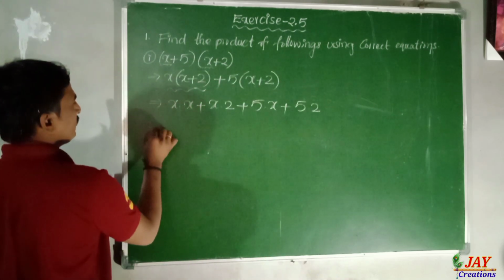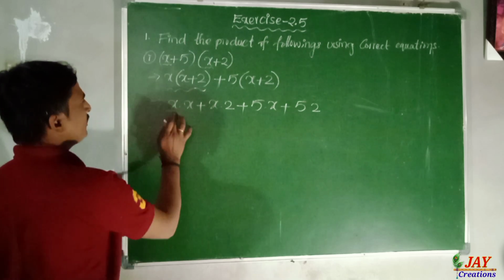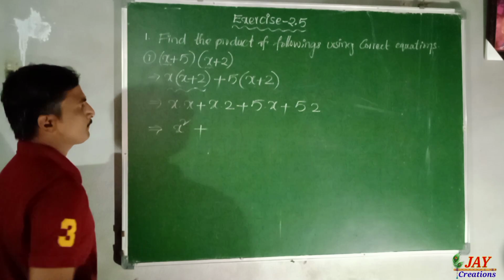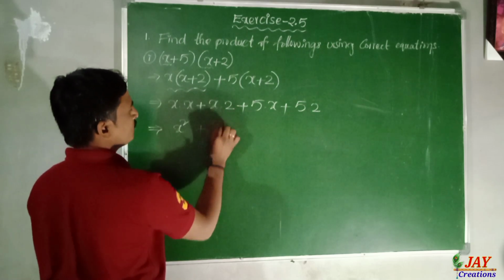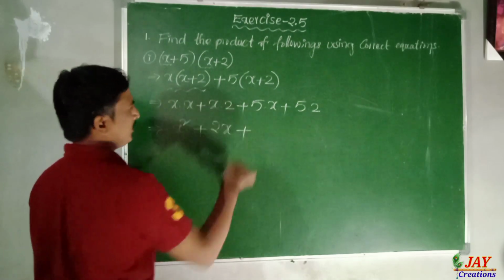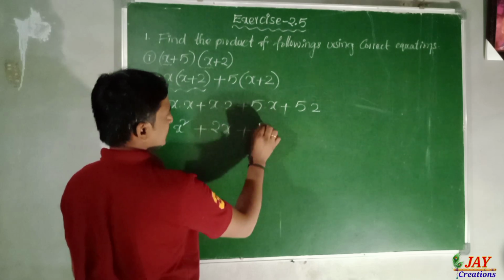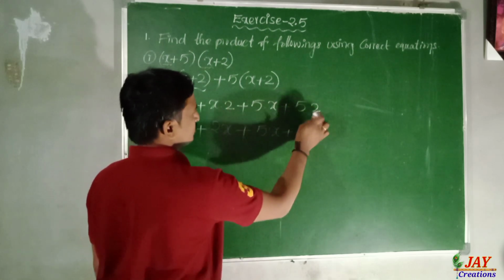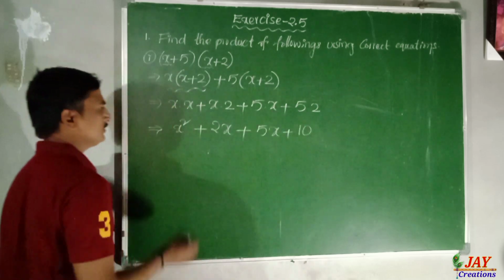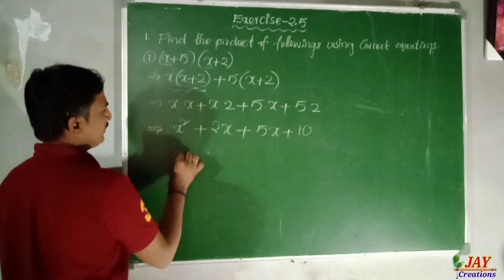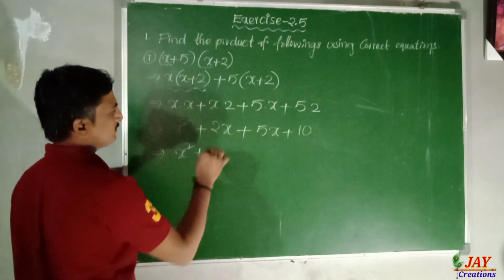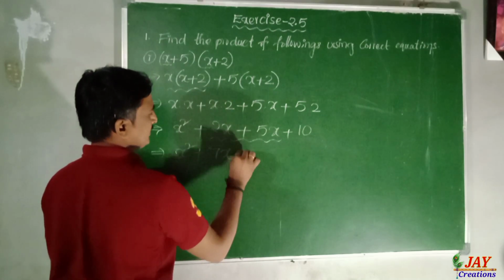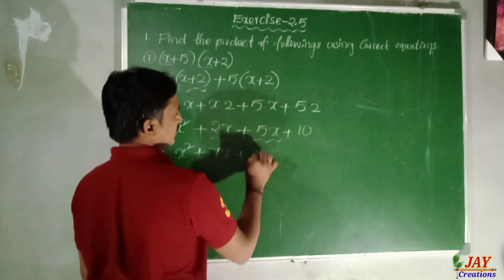So now next we will multiply: x into x is x square, plus x into 2 is 2x, plus 5 into x is 5x, plus 5 into 2 is 10. So now we'll go forward. x square plus 2x plus 5x is 7x, plus 10.